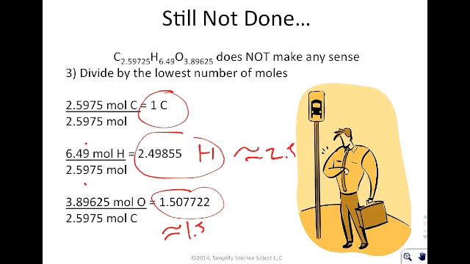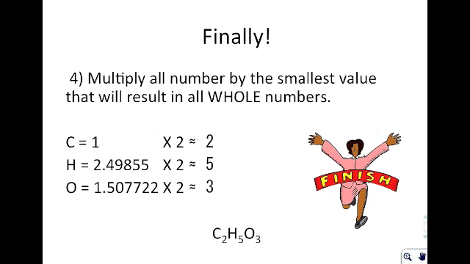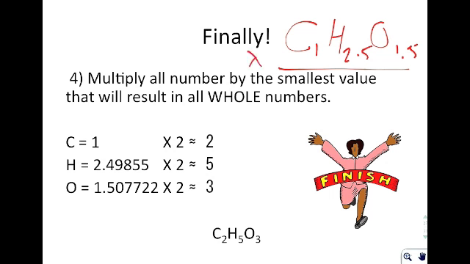At that point, this molecule still doesn't make any sense, because you have carbon 1, H 2.5, O 1.5. So the last thing that you need to do is make these things a whole number. In order to make these things a whole number, you would just multiply all of them by 2.